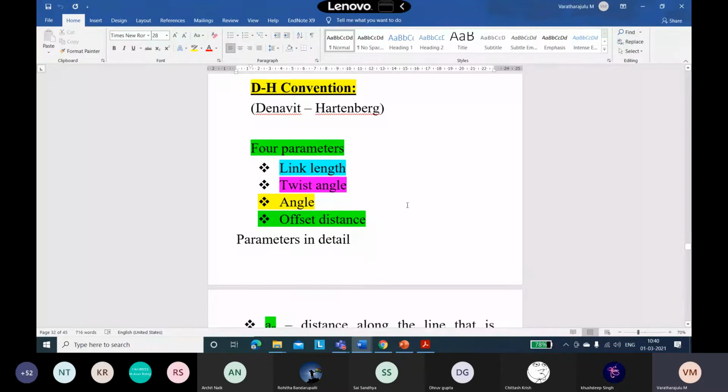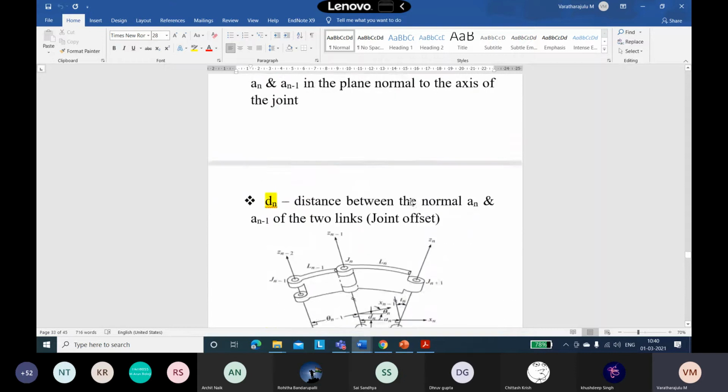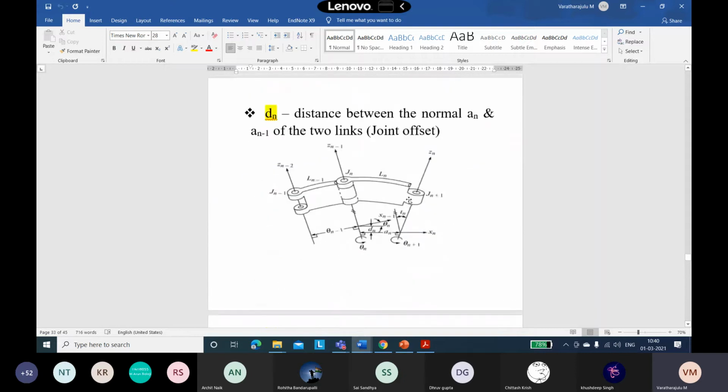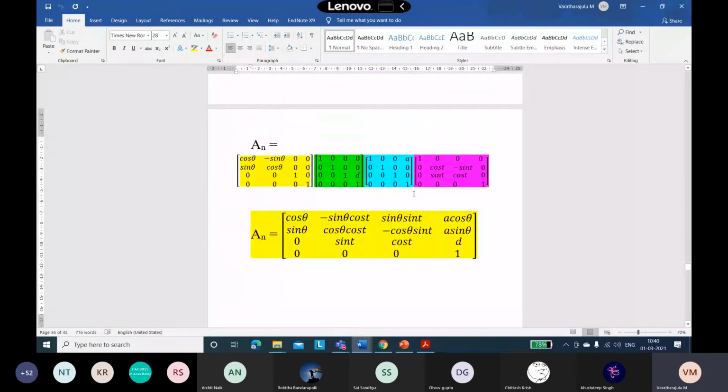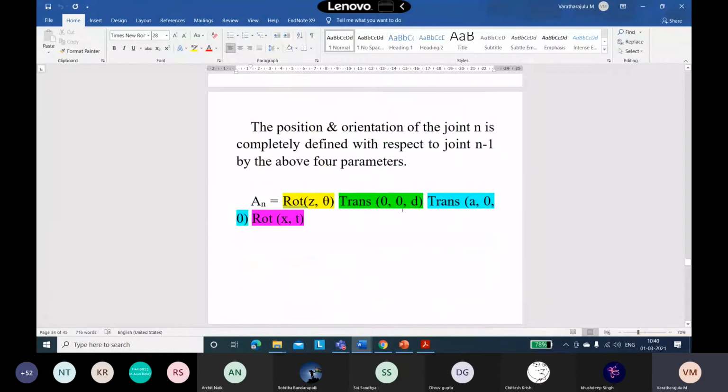The parameters link twist angle, offset distance are the terms related to DH convention, and with that we concluded the last session. This is the usual notation and the sequence which we followed based on the DH convention.